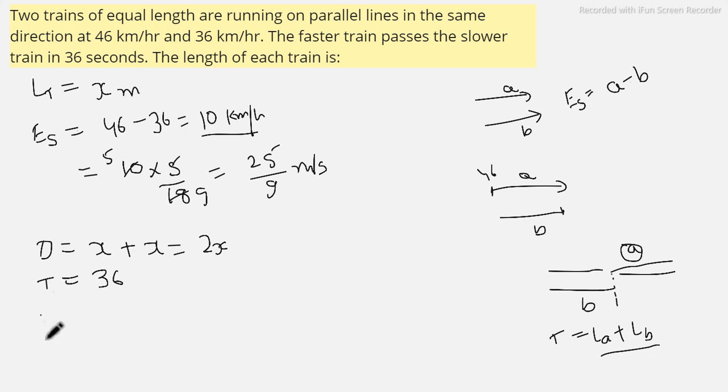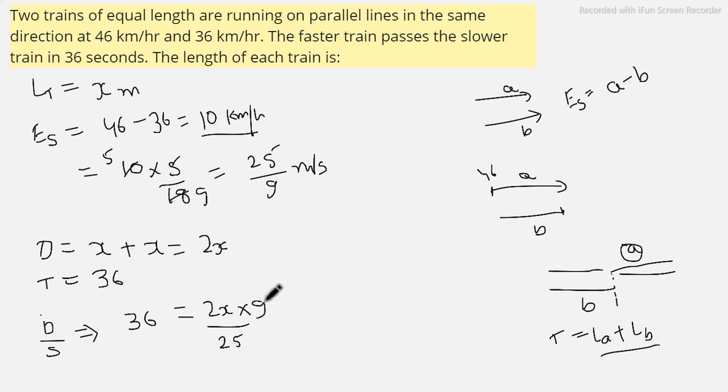Time is distance by speed, right? So time is given, 36. Distance is 2x, and speed is 25 by 9. So 25 will be here and 9 will go up.